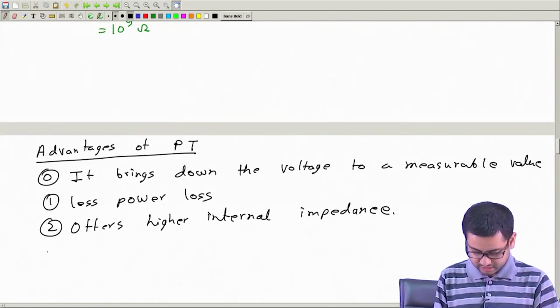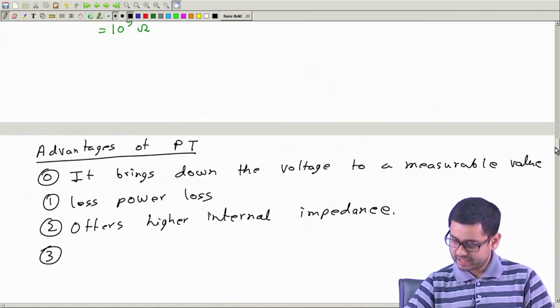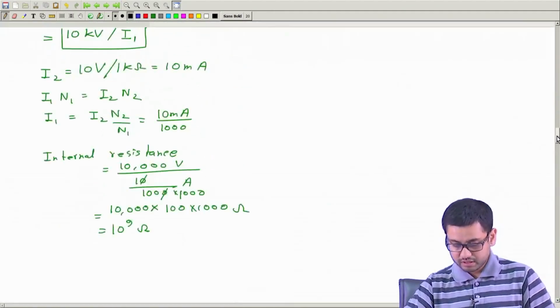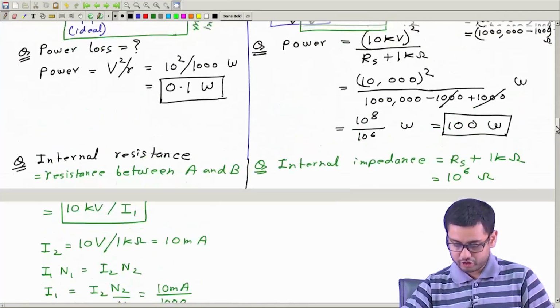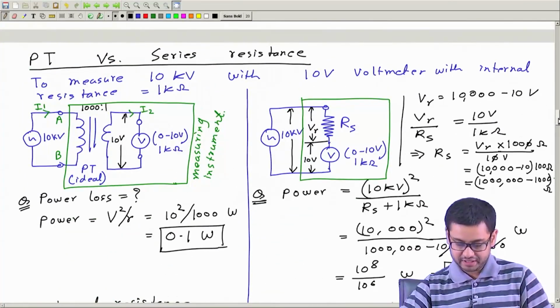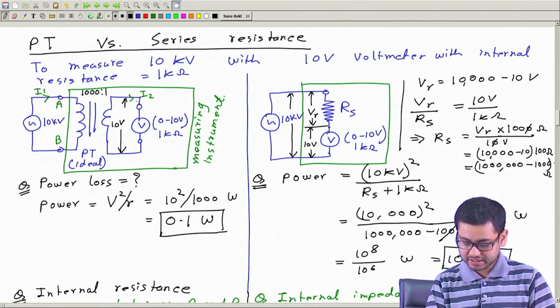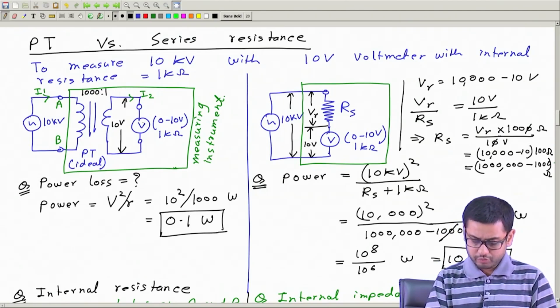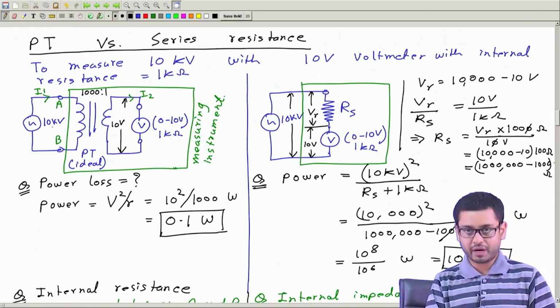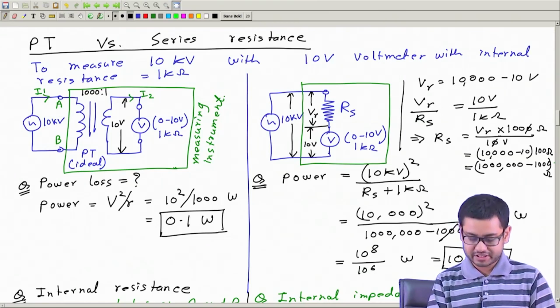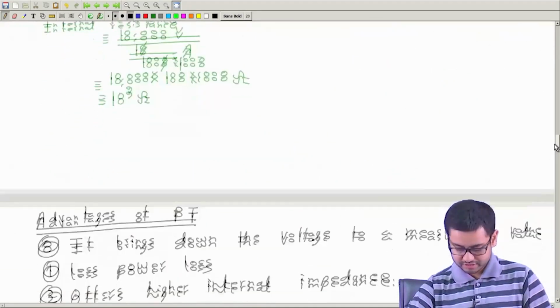And then what else? Okay, we can also write that it is safer for the operating personnel, because connecting a voltmeter directly to this 10 kilovolt is much more dangerous than connecting or disconnecting a voltmeter on this 10 volt side. So this is safer.